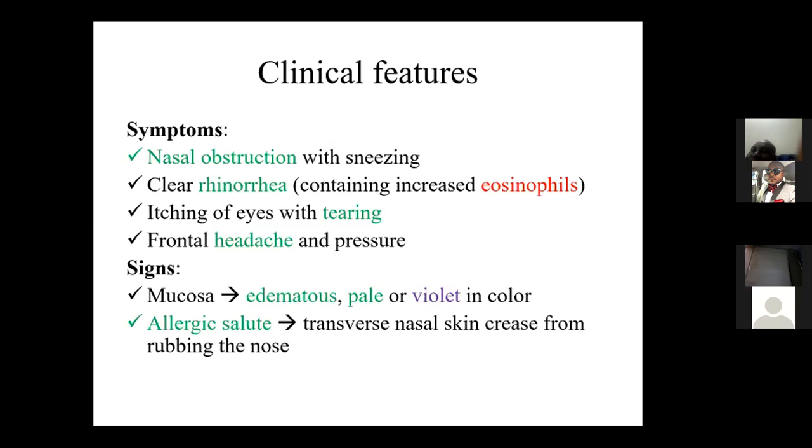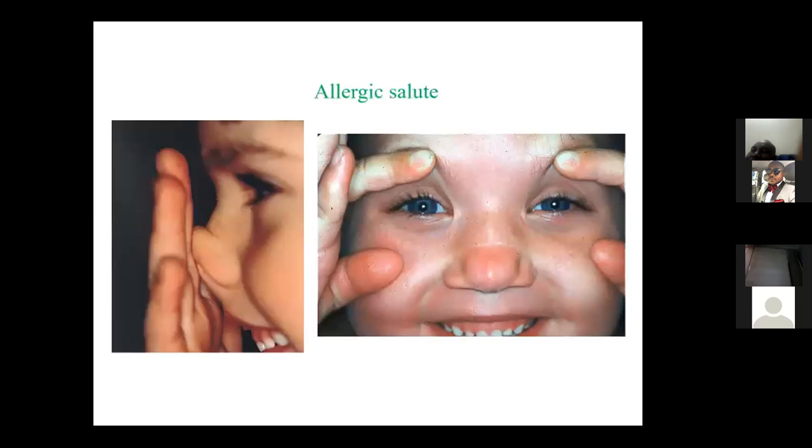Then the nasal mucosa will appear pale or violet in color. There can also be a transverse nasal skin crease from rubbing the nose. The patient keeps rubbing the nose and you see the transverse skin crease.